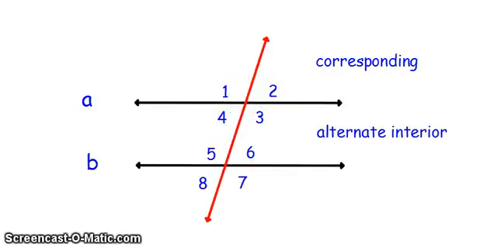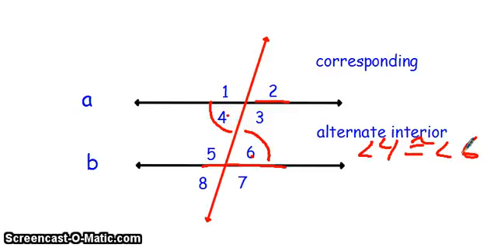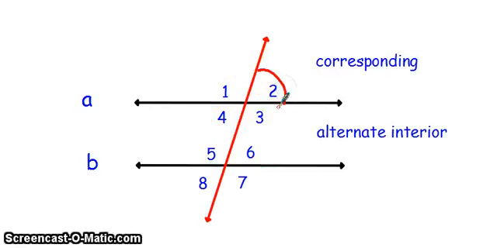There are two other sets of angles we need to discuss. The first is alternate interior. An alternate interior angle would refer to angle 6 and angle 4 because they're both inside the two parallel lines and on alternate sides. Angle 4 and angle 6 are equivalent angles. We can say the same thing about angle 2 and angle 8.